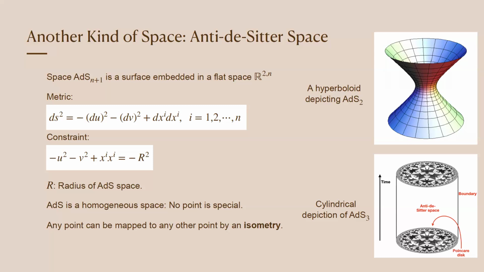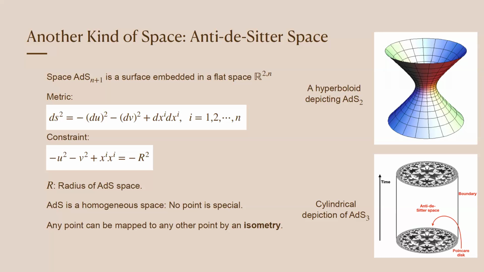It is a homogeneous space. That means no point is special within the space. Any point can be mapped to any other point through a symmetry, which is called isometry. These are transformations that take one chunk of the space to another chunk, but it looks the same. So here are some examples. This is AdS2 space.